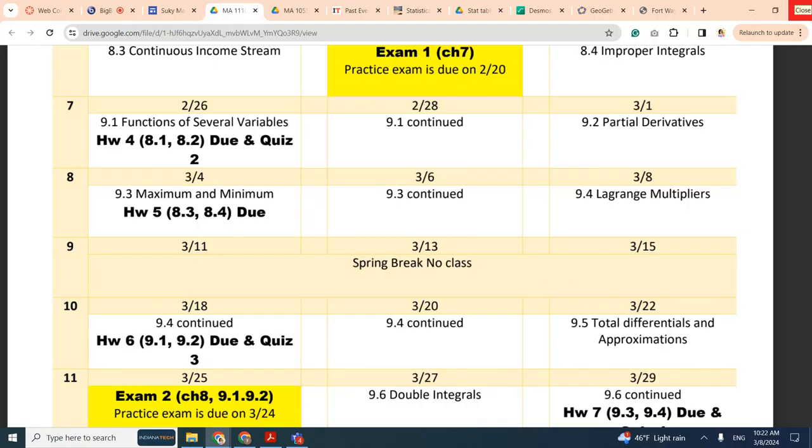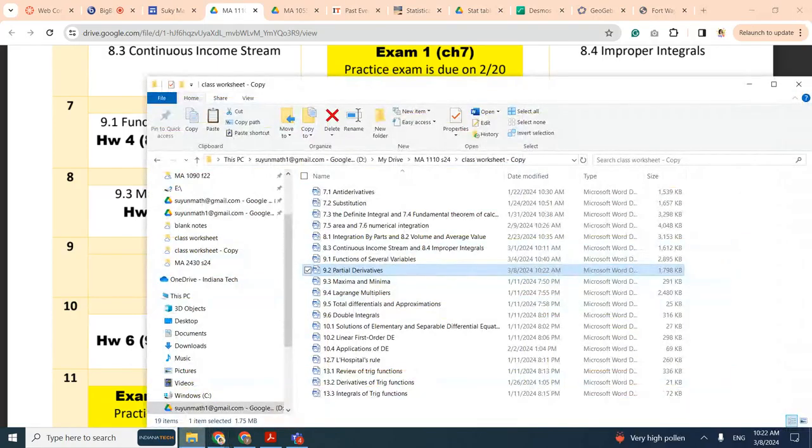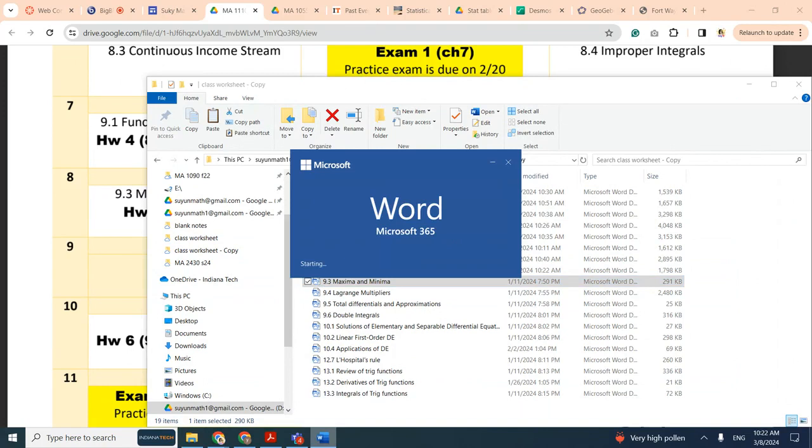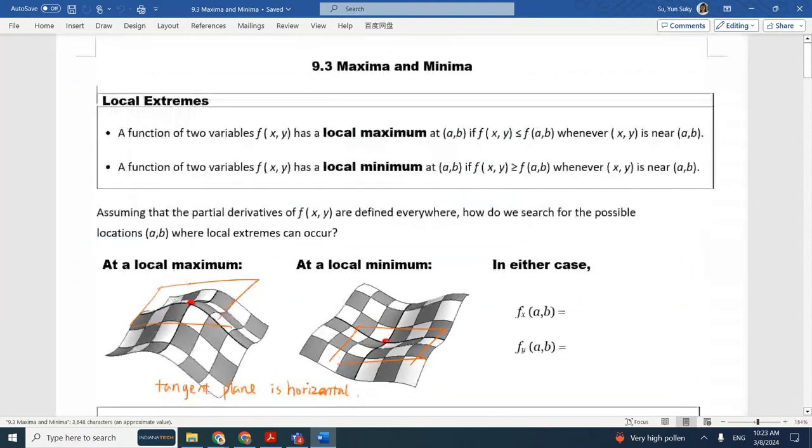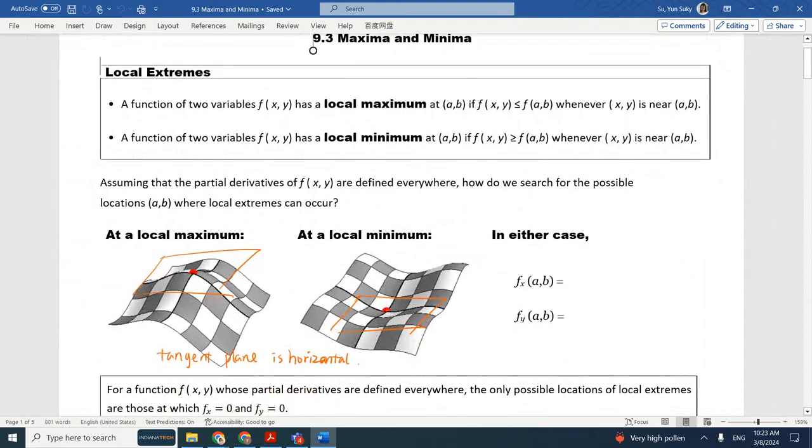Okay, so why do we learn second partial derivatives? One main application is that it can help us find the maximum or minimum of a function with two or more variables.